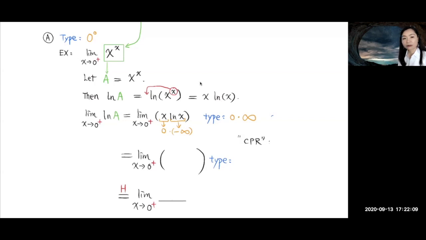Do you remember what kind of CPR we do? For an indeterminate product, 0 times infinity, we keep one of the functions on top and divide by the reciprocal of the other function. That's how we deal with this indeterminate product. So let's think about which one we keep on top.